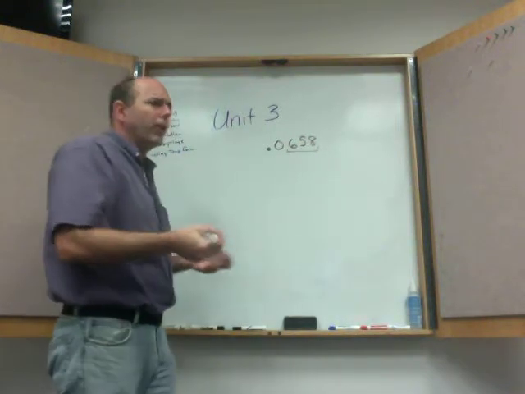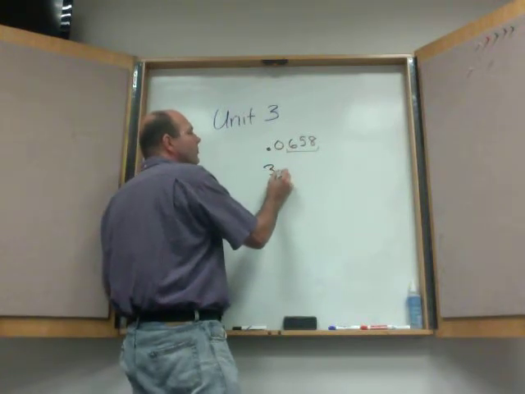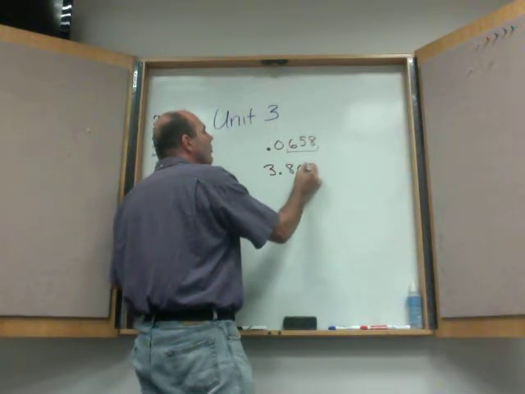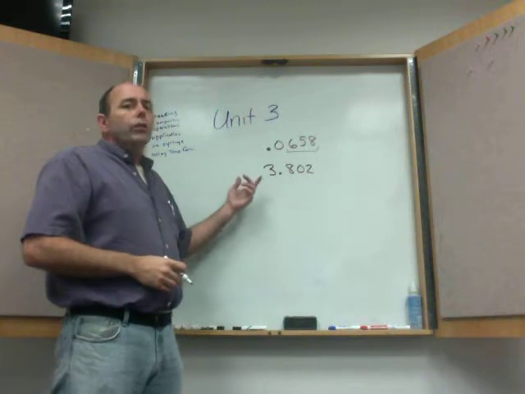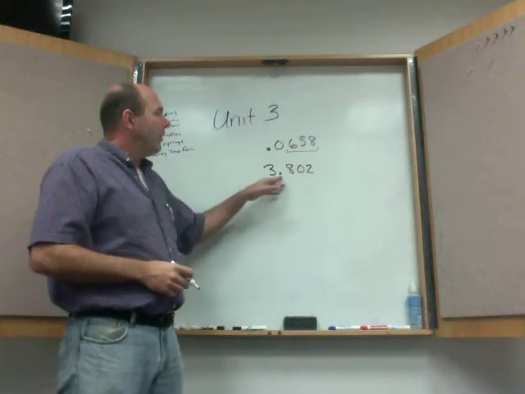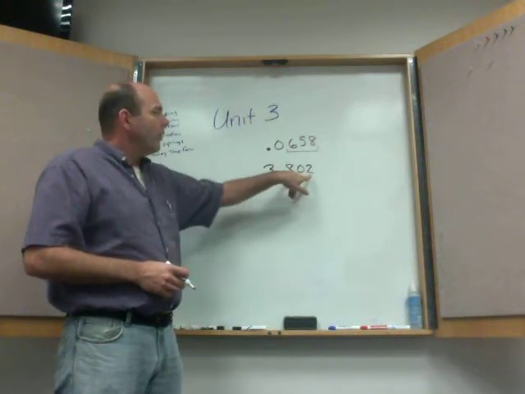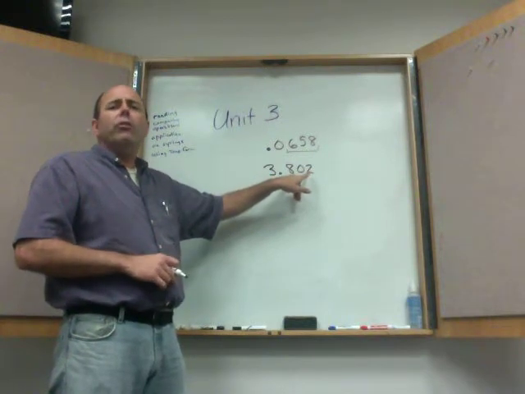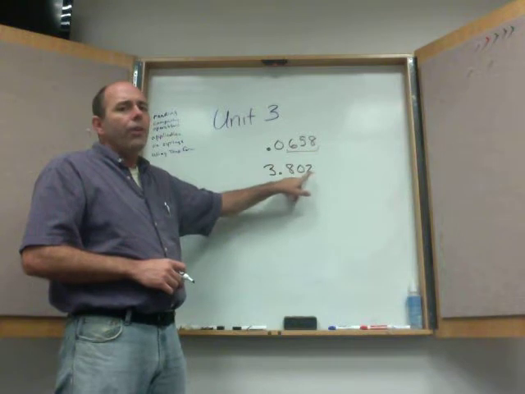Just for practice, let's look at one more. What if I had a number like... okay, when you're looking at numbers, the only time you ever use the word "and" is when it's a decimal point. So this number here is 802, and I want to find out, before I even start to say the number, 802 what? So I'm going tenths, hundredths, thousandths.